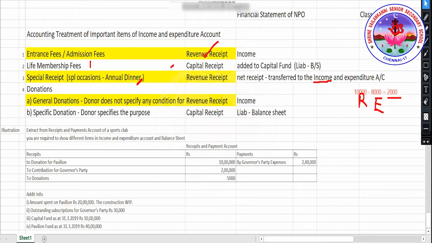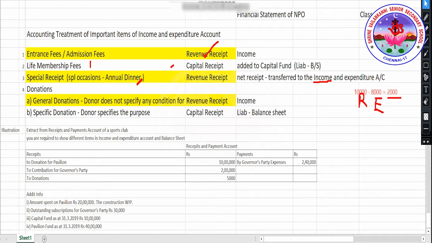Then you have donation. What is donation? Donation is nothing but general funds given by the donor, the person who makes sure that the organization needs the fund, and he is contributing such an amount for the benefit of the organization. So it is of two types. One is general donation.